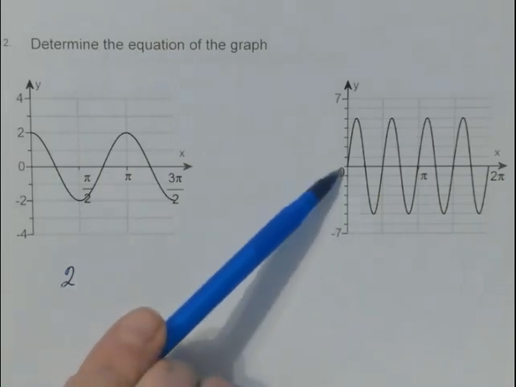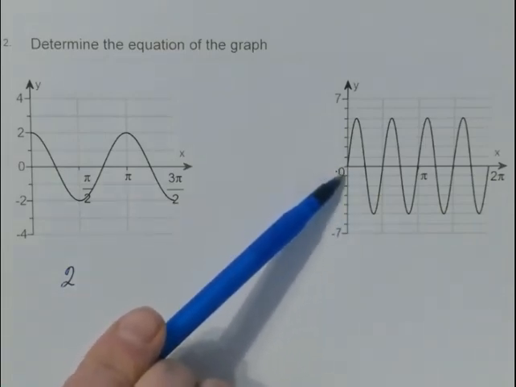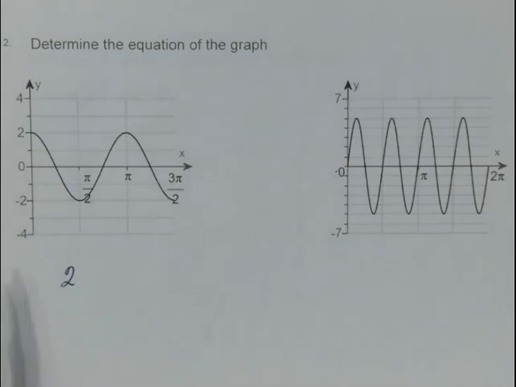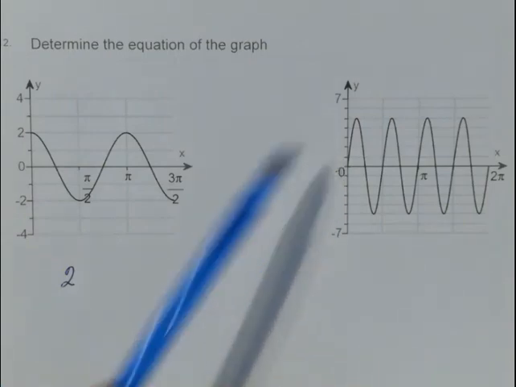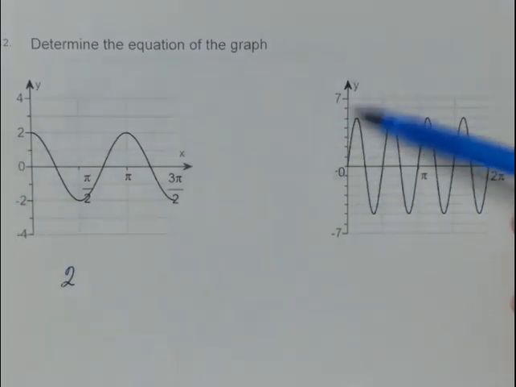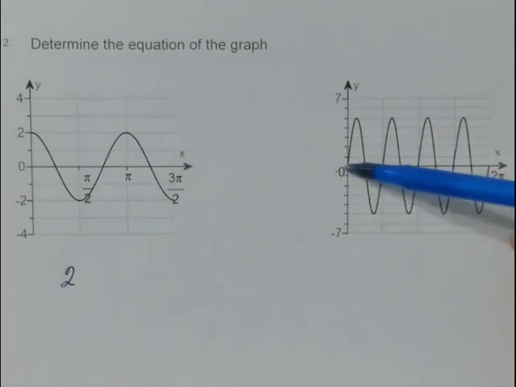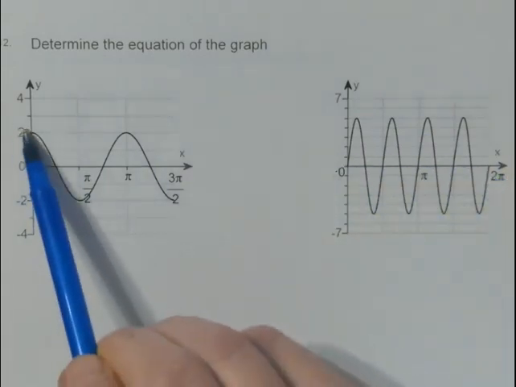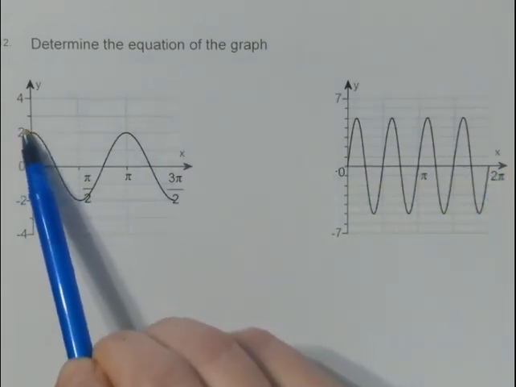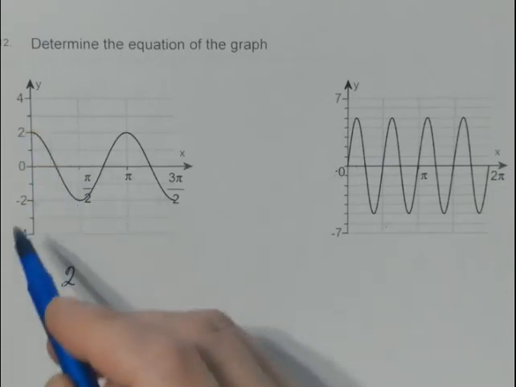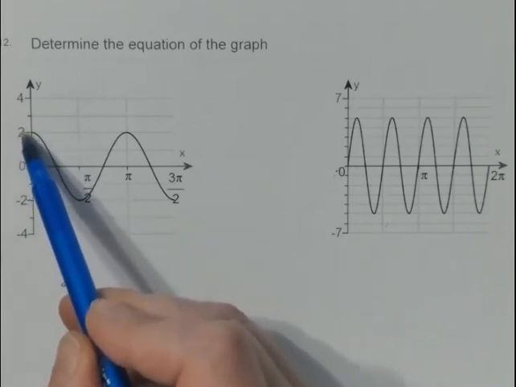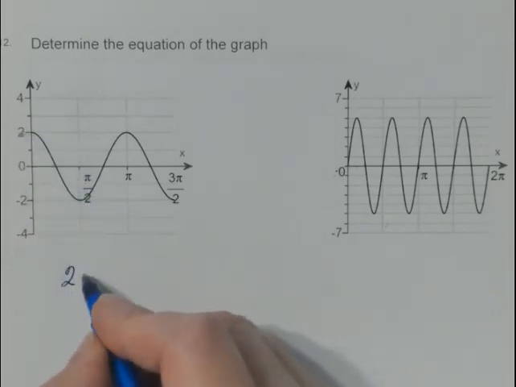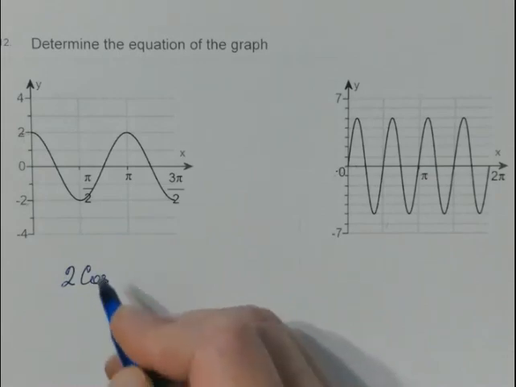Sine starts from the zero value, from its middle value, so start from 0. And cosine usually starts from minimum or maximum value. So if it starts from minimum, it's negative cosine. If it starts from maximum, it's positive cosine.